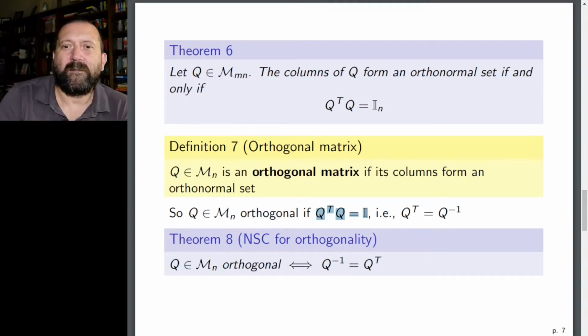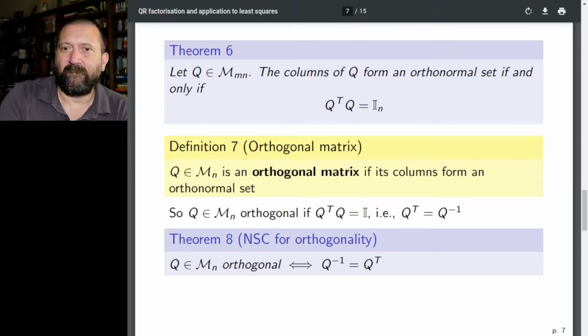So when I write that Q is orthonormal if and only if Q transpose times Q equals identity, what I can interpret this as saying is that Q transpose is actually the inverse of Q. Okay, and that's what is written here.